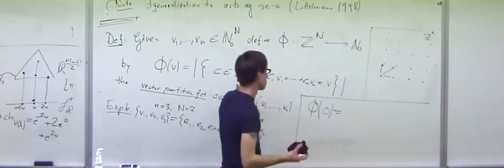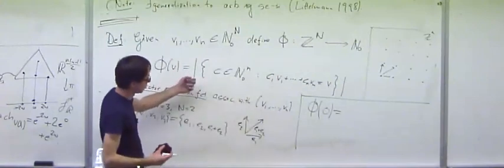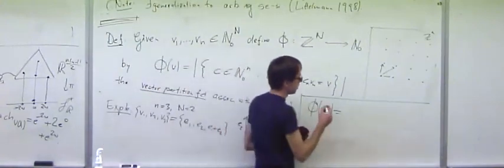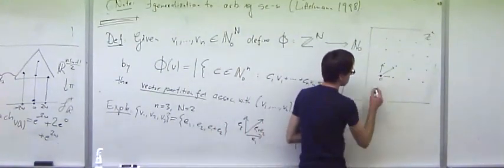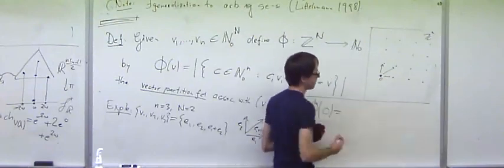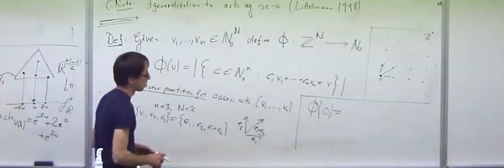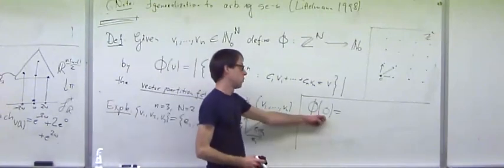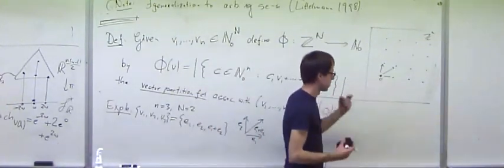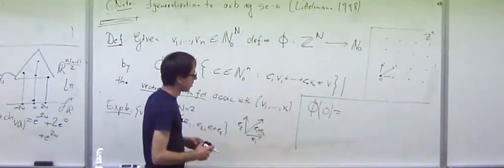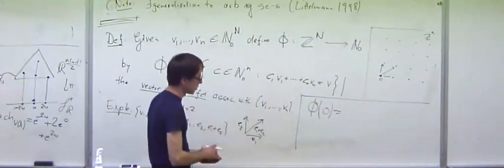If you visualize this geometrically, this means starting from 0, how can I get to v only using these elementary steps and neglecting the order in which I go these steps.